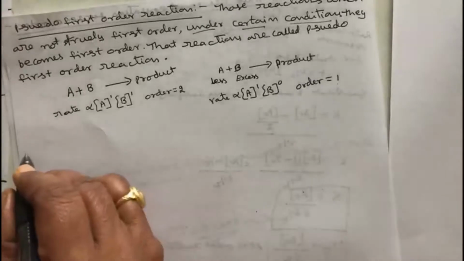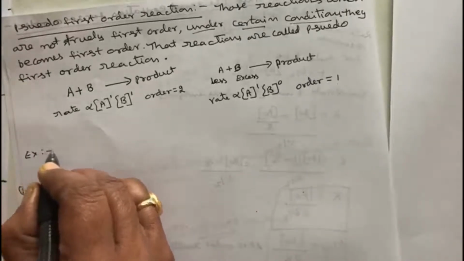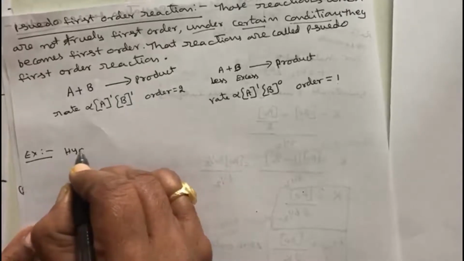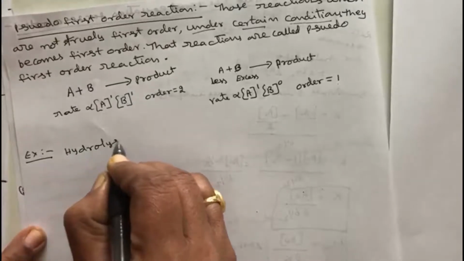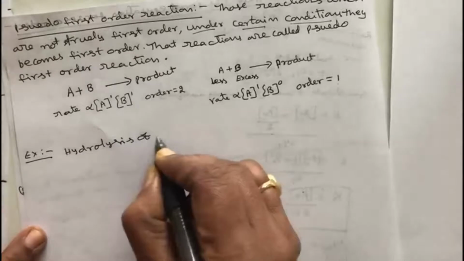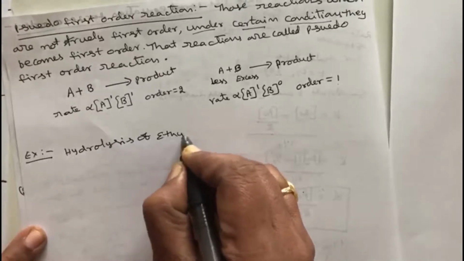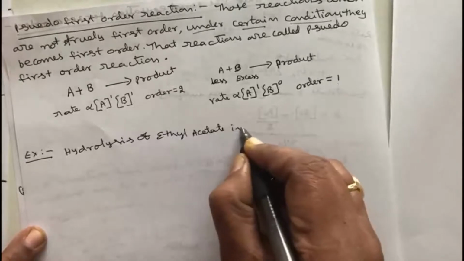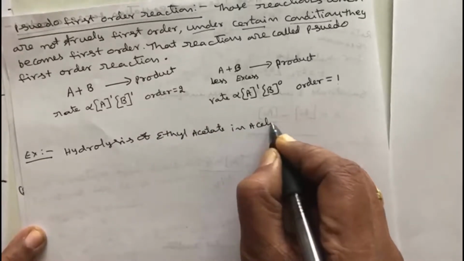Now I take examples for pseudo first order. Hydrolysis of ethyl acetate in acidic medium.